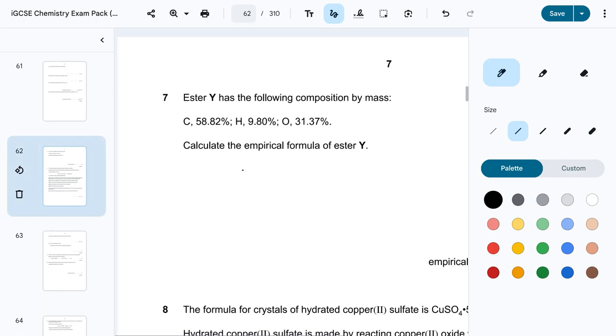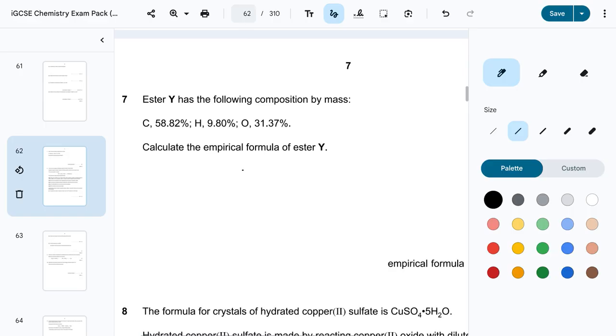Here we have another question. In this question we also have to find the empirical formula.